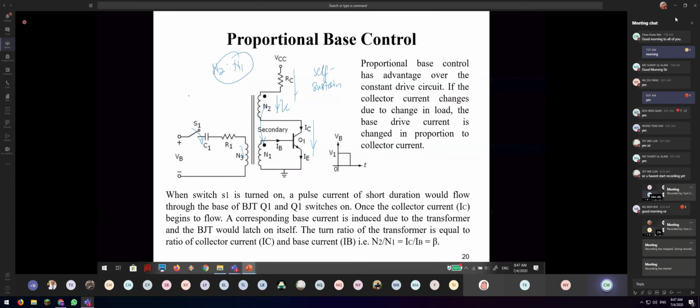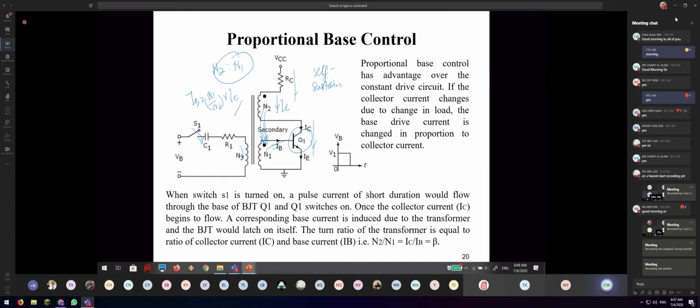So the IB here is controlled by N1, N2, and then IC like this. If IC increases, they will induce a certain amount of current into N1, and it will produce the self-sustained behavior, so that the BJT can self-regulate by itself. That's why you call it self-sustained behavior.